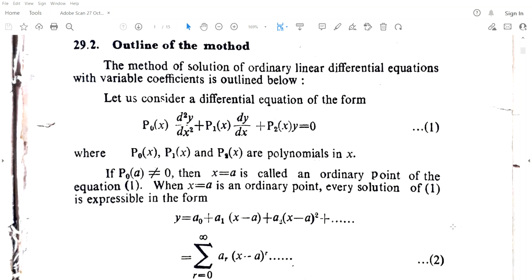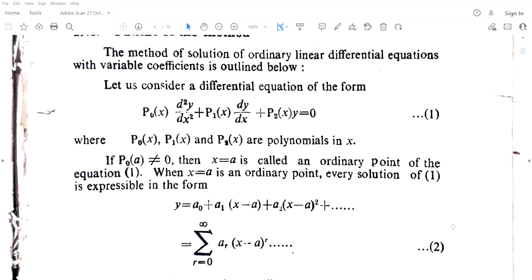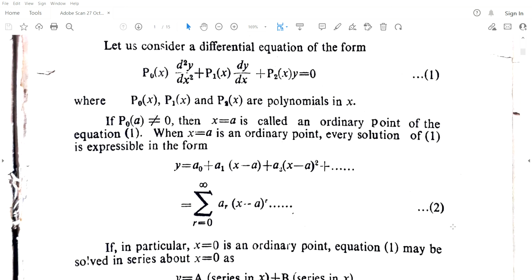There are two parts of the series solution. The first part is, say, this differential equation: p0(x) d2y/dx2 plus p1(x) dy/dx plus p2(x) y is equal to 0. Here p0(x), p1(x) and p2(x) are the coefficients, which are polynomials in x.